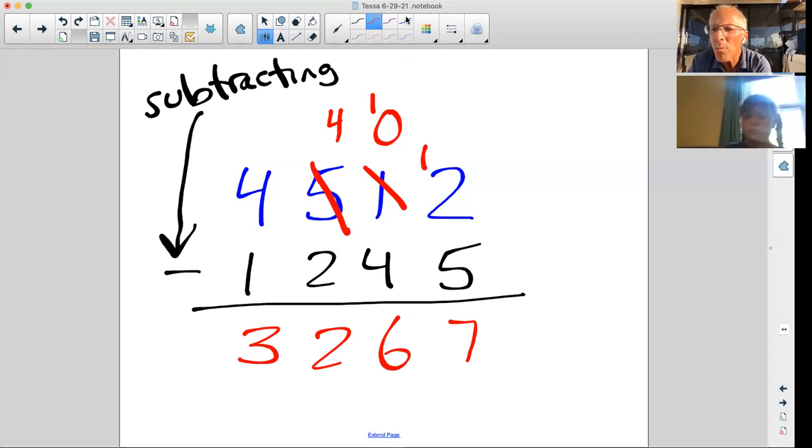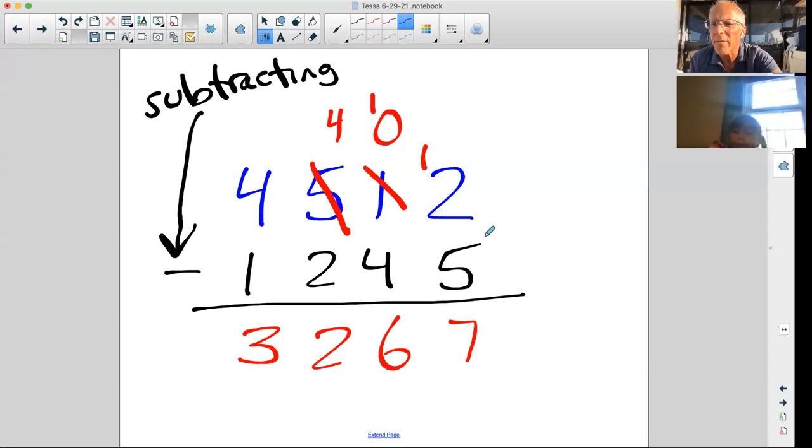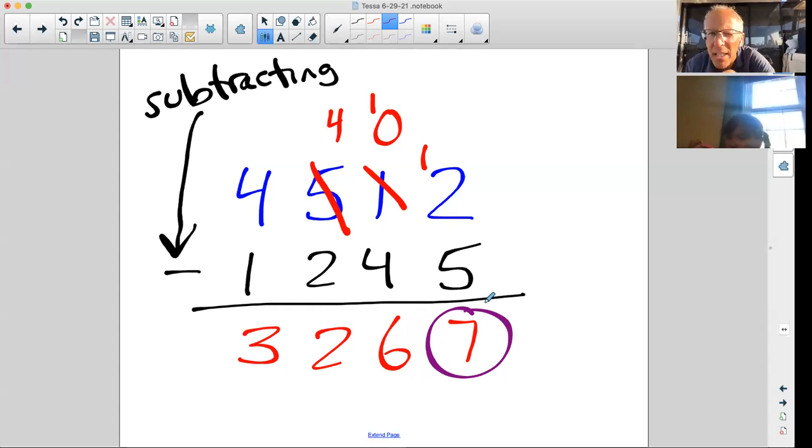And the next one we do, Tessa, if you're able to look at the screen the same way I'm looking at you right now, which shows a lot of respect, I'm going to ask you to circle one of the digits in the answer. So let's say you circled a 7. And I'm going to say to you, Tessa, don't tell me what you circled. Don't do anything but look at the screen with your eyes.